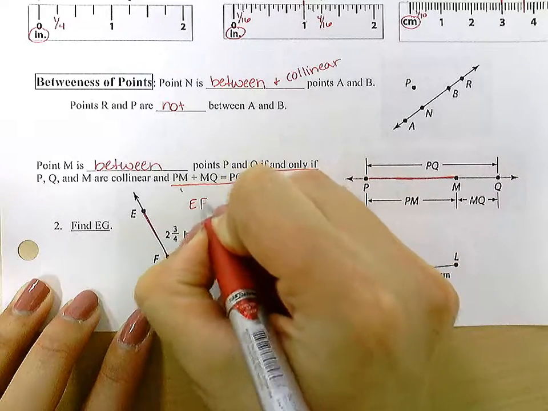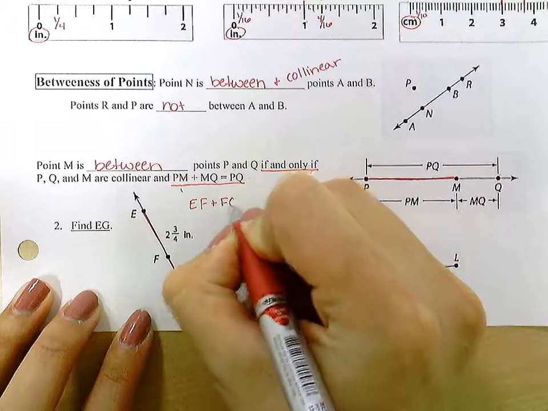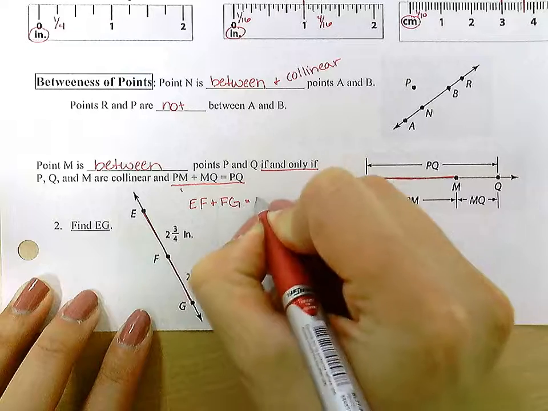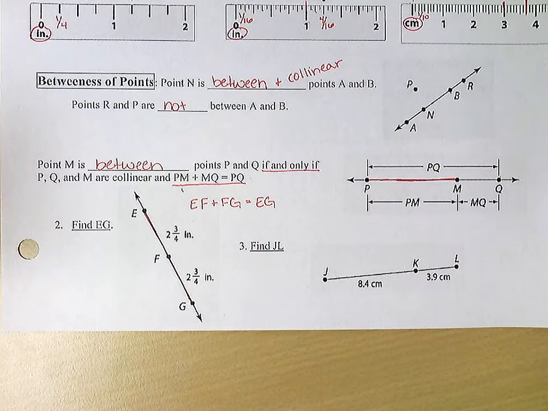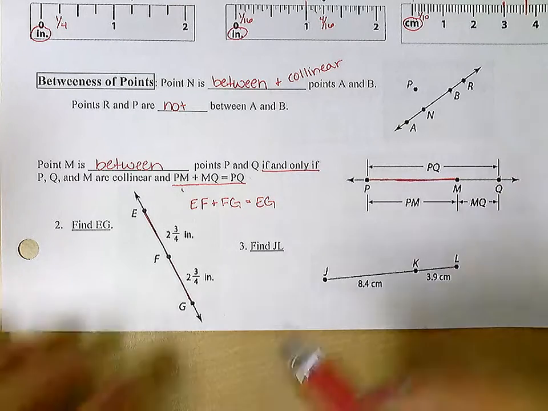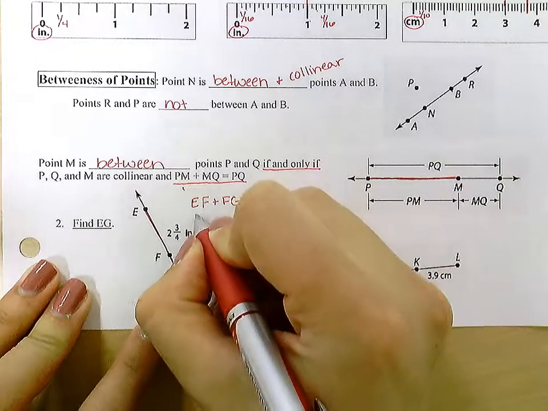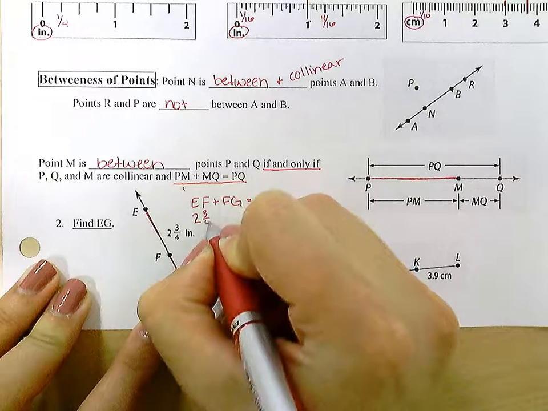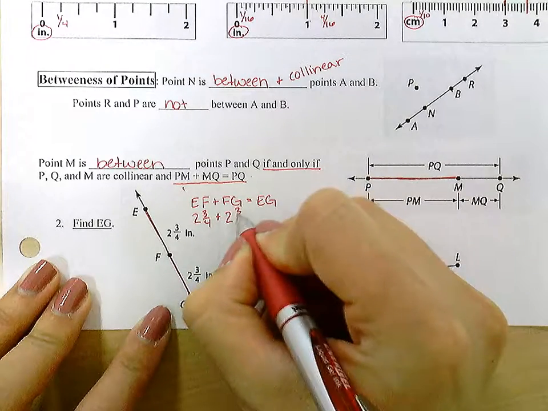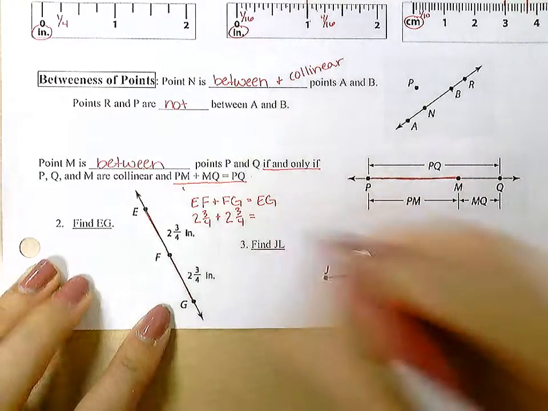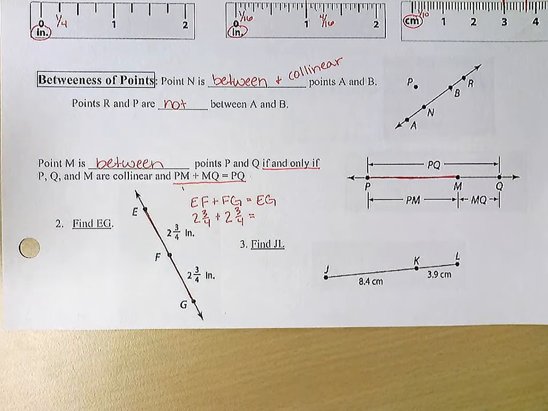We would take EF plus FG to get EG. Okay, and then all I'd have to do is plug in those numbers. So EF is 2 3/4, FG is 2 3/4. All I'd have to do is add those together to get EG.